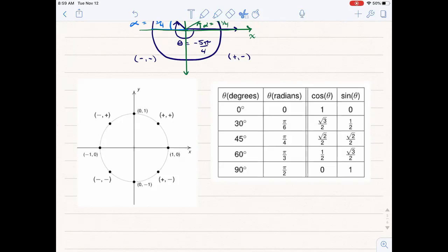And then depending on which quadrant you're in, you're going to be able to determine if it should be positive or negative, right? For us, right, we've got a negative x. And so for pi over 4, we've got negative root 2 over 2 for our x value. Right? And then we've got positive root 2 over 2 for our y value. Right? So we can make some notes on here.